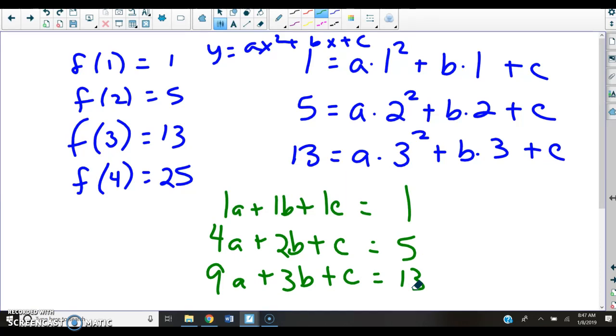Now, if it was degree 3, we would need one more set of information. But that would be enough. We would put it in our calculator to figure out what a, b, and c are. There you go. That was our lesson for the last lesson of chapter 5, lesson 5-9. So we will get a video ready for reviewing, and we'll be able to have a test.